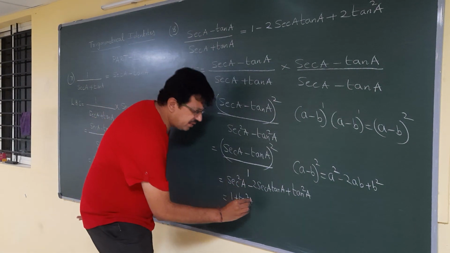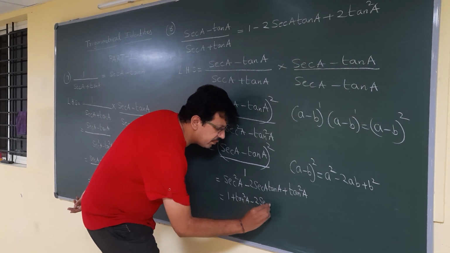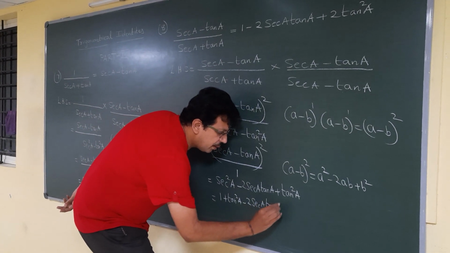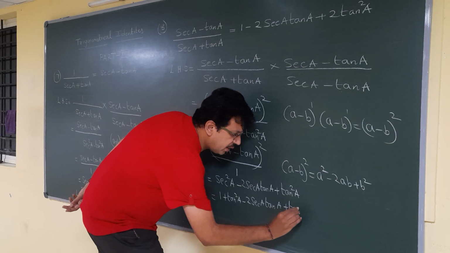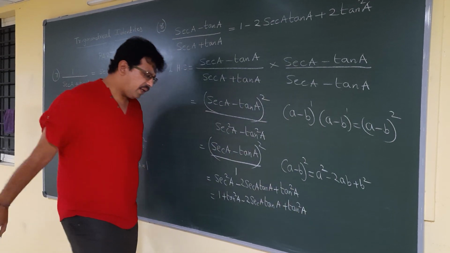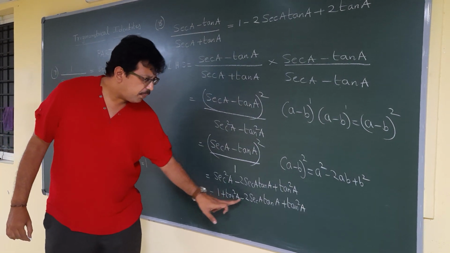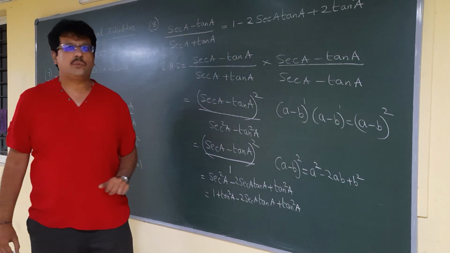And as it is, we should write this minus 2 secant a into tan a plus tan square a. You can observe very clearly it is tan square a plus tan square a, so 2 tan square a you will get.